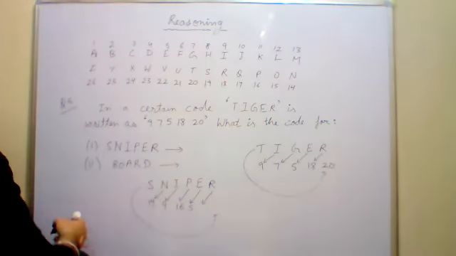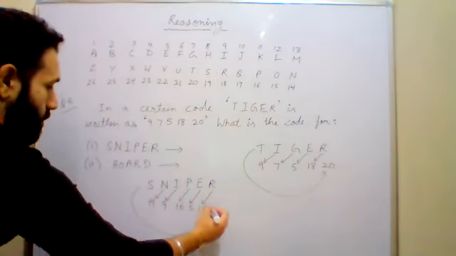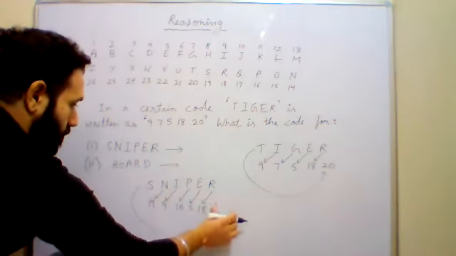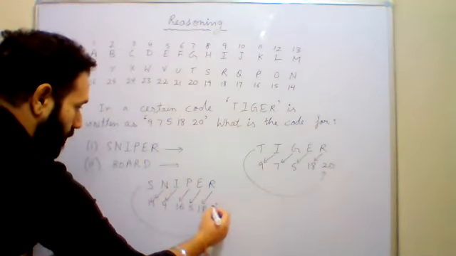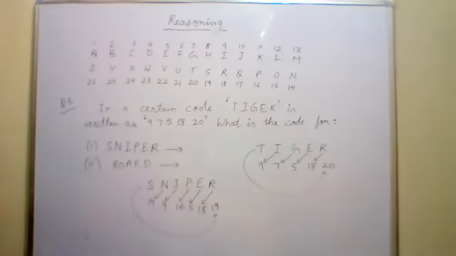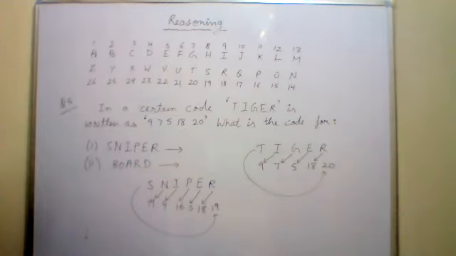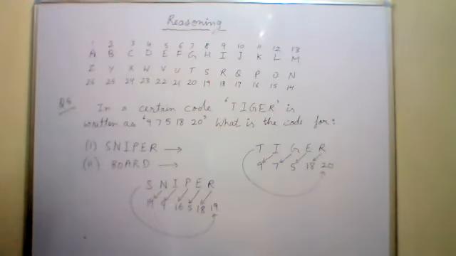Code for R is 18. And then code for S is 19. So this is your answer: 14, 9, 16, 5, 18, 19. Understood? Yes, sir. Dhruv Bhojwani, your answer is right. Very good.